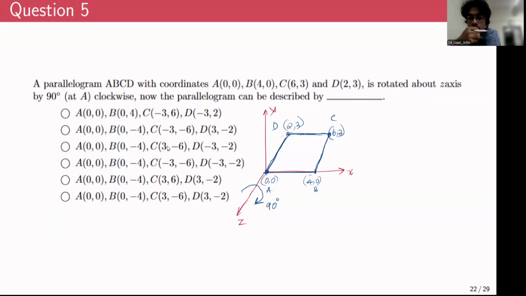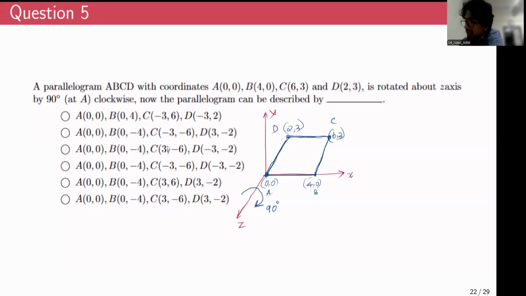But how would you do that if you want to rotate it clockwise? So what does the 90-degree rotation about the Z axis look like with the rotation matrix?